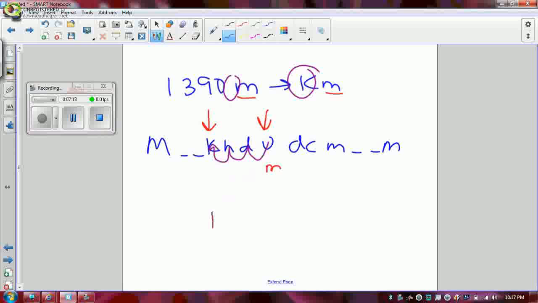And so I'm going to go ahead and do that with my number as well. There we go. Now you'll notice that there is no decimal, so it's assumed to be right here. And we're going to move it 1, 2, 3 spots to the left and drop it. So there's 1.39 kilometers in 1,390 meters, or in other words, they're equal to each other.